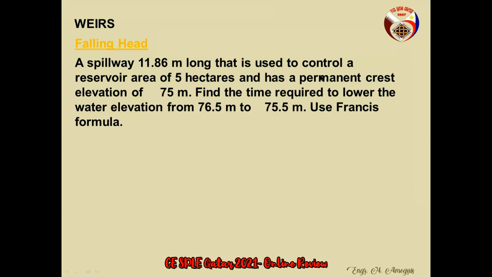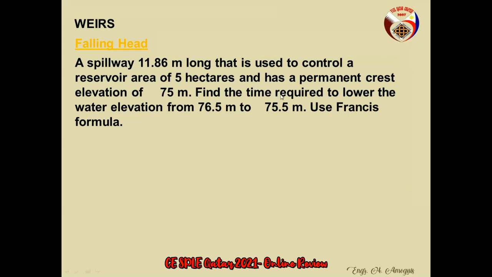this problem, if you try to scan the past board exams, you will see this repeated again and again. A spillway, 11.86 meter long, is used to control a reservoir area of 5 hectares.